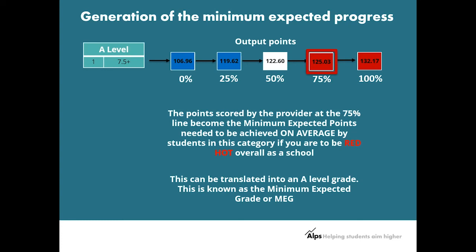And for the 2019-20 benchmarks, that is 125.03 UCAS points, or output points. So what we're going to do is translate that into a grade, which is A star A. And therefore that becomes our minimum expected grade.